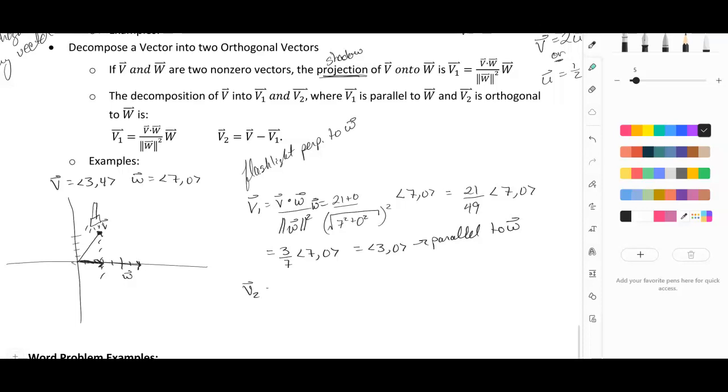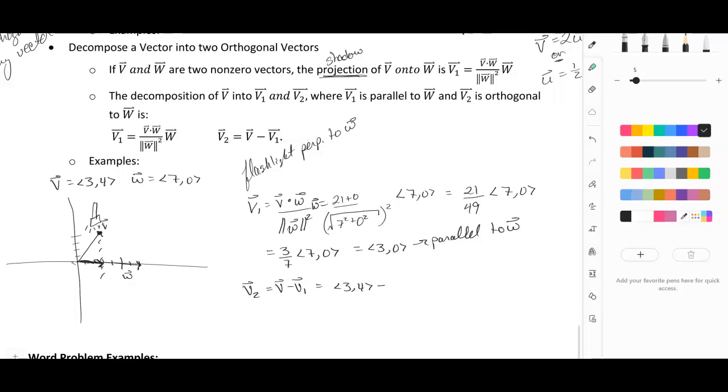V2 is going to be perpendicular to W. So V minus V1. I'm going to take V, 3, 4, and subtract V1. Oh, hold on a minute. I'm looking at the wrong thing. Sorry.